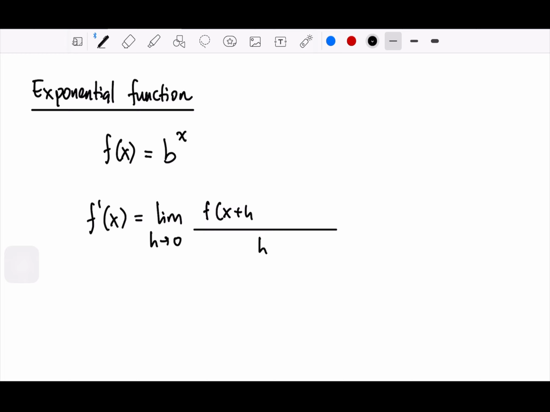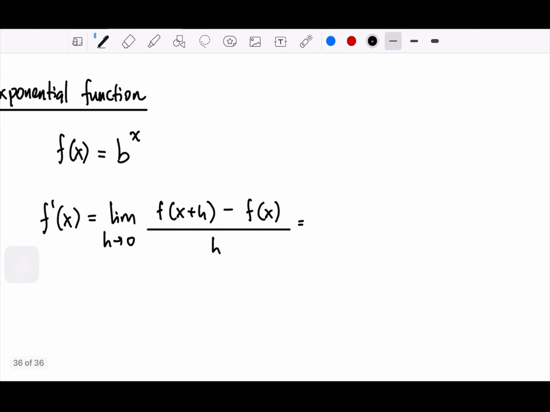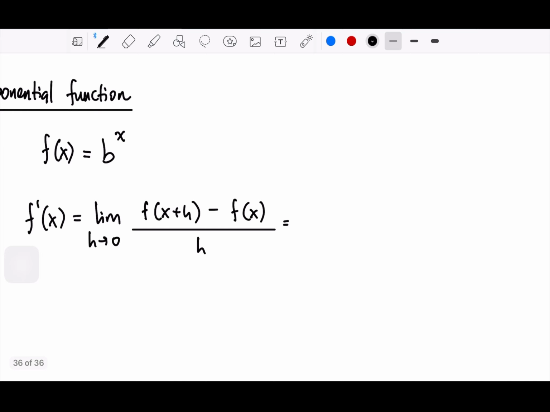So write this equation, and then using b to the power of x, this will be b to the power of x plus h minus b to the power of x, and then divided by h.